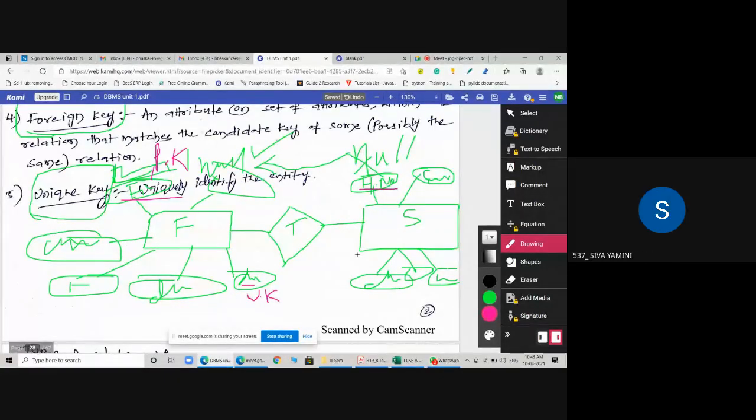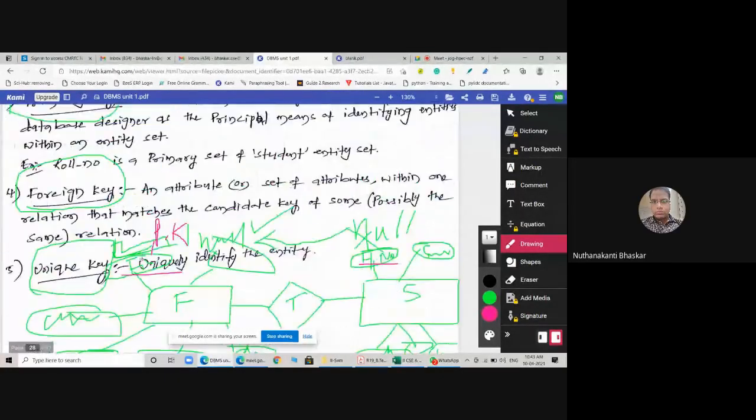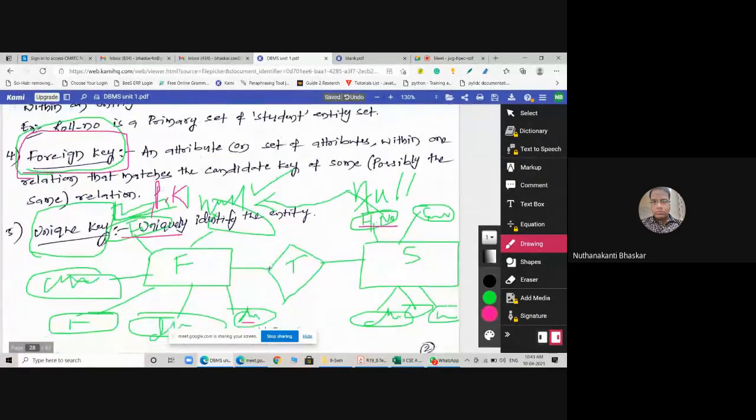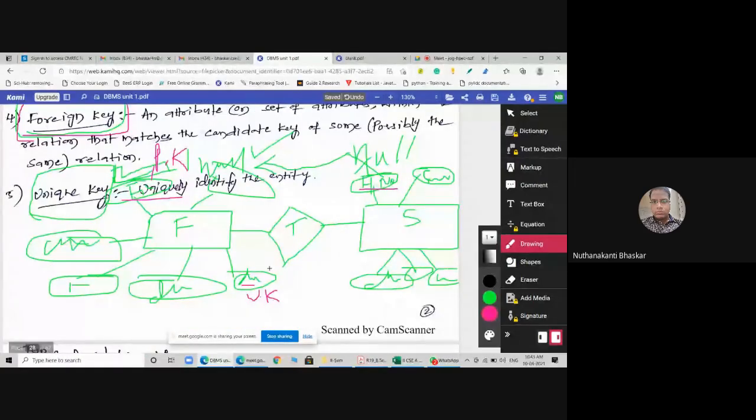Now, what is a foreign key? We have to learn it now. Foreign key is very simple. Your faculty teaches students, and the department is there. Now, faculty teaches which students?